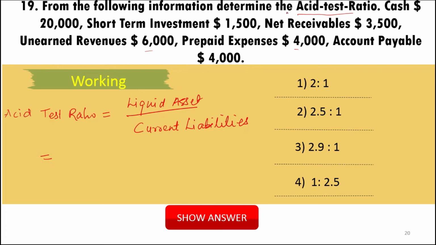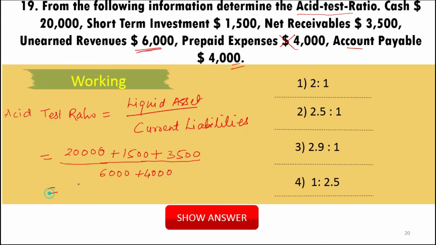Now what are the liquid assets? Liquid assets are the cash, so we'll take 20,000, plus short term investment, plus net receivable, that is 3,500. In the liquid assets we don't count the prepaid expenses. Then we have to take current liabilities. In the current liabilities we have to take this unearned revenue, 6,000, and account payable of 4,000, so 6,000 plus 4,000.